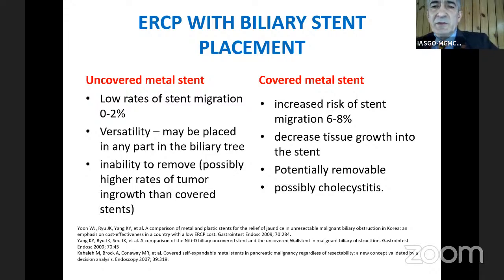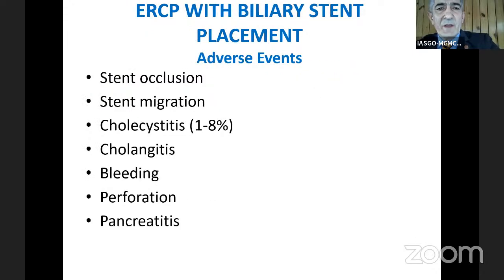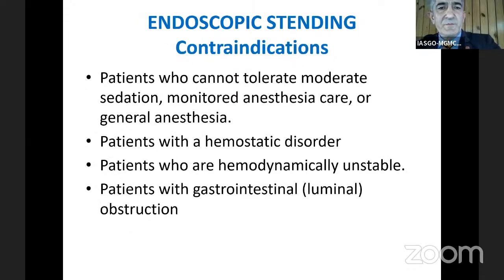And as for the covered metal stent, it increases the risk of stent migration, 6 to 8%, and decreases tissue growth into the stent and allows potential removal, but is possibly the cause of cholecystitis in some patients. As for the adverse events: stent occlusion, stent migration, cholecystitis, cholangitis, bleeding, perforation, and pancreatitis.